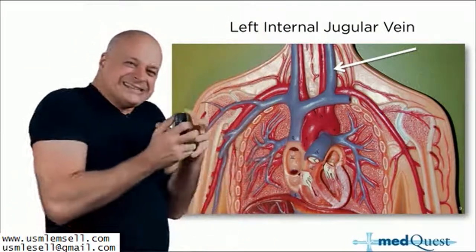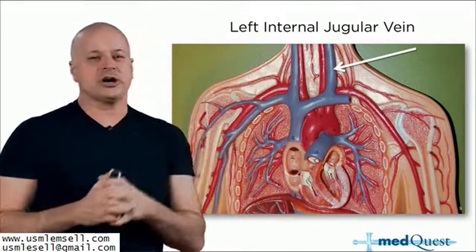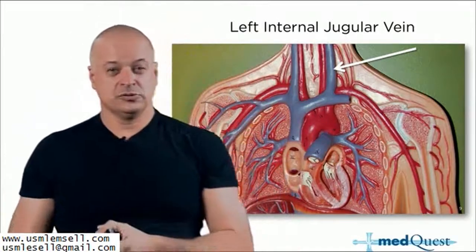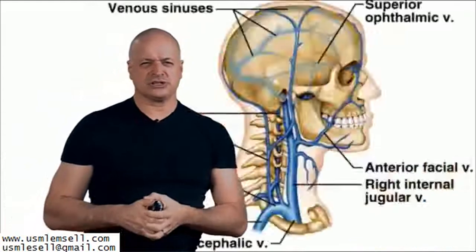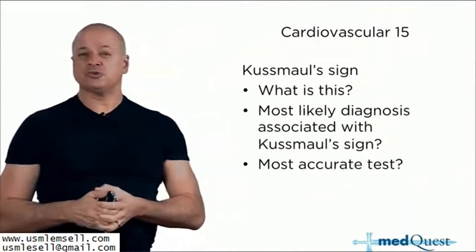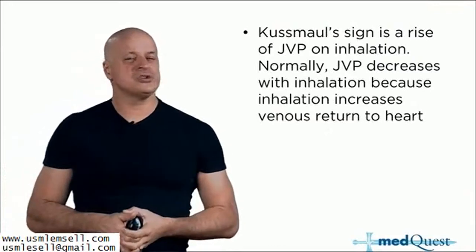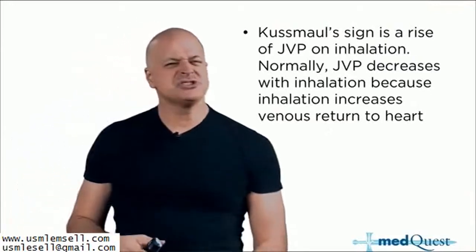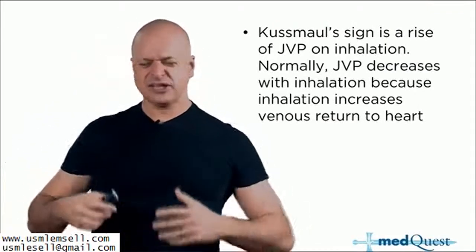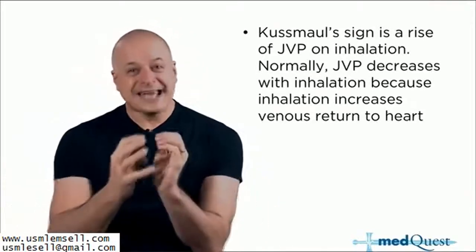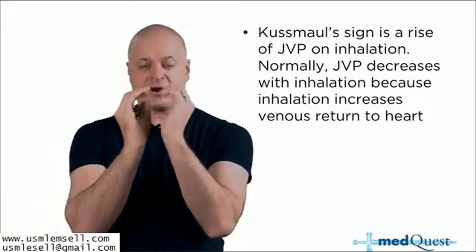But when your heart is encased, it's like the Grinch who stole Christmas, whose heart was 2 sizes too small. Kussmaul's sign is the Grinch, man. It's like a guy whose heart is 2 sizes too small, encased in a stiff pericardium.